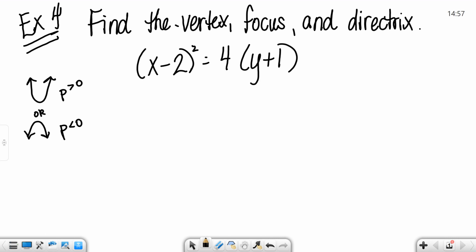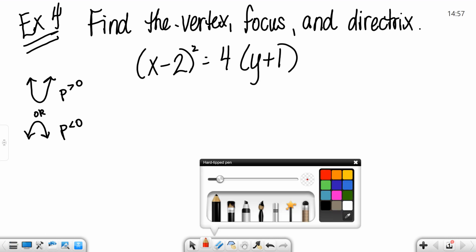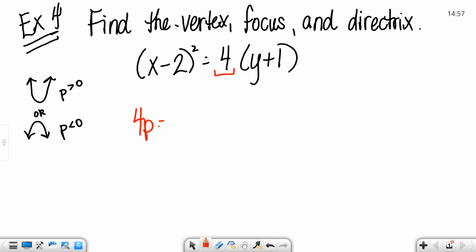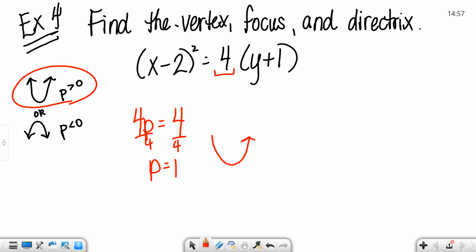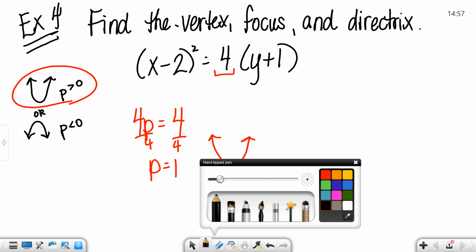So let's find p. All right, so 4p is 4. So divide by 4, and I get my p-value is 1, which is positive. This one definitely opens upward.